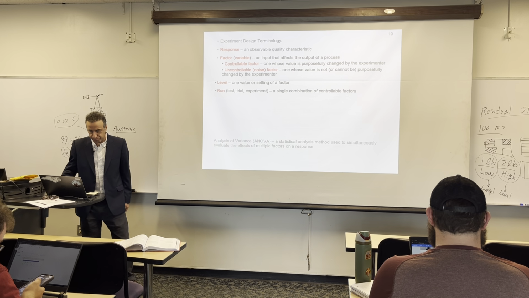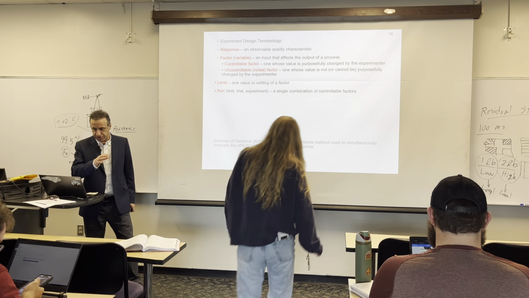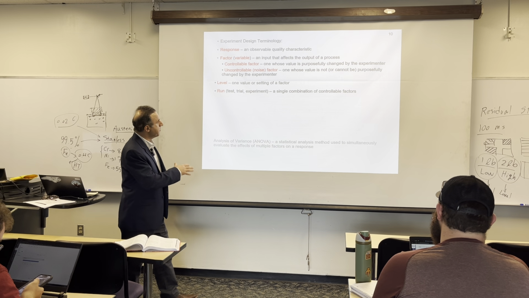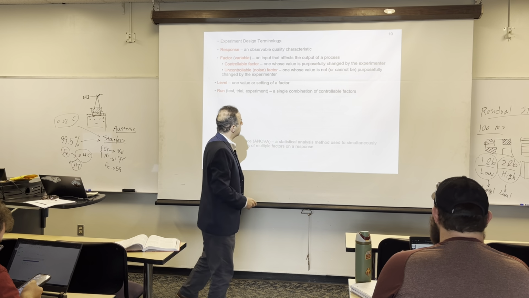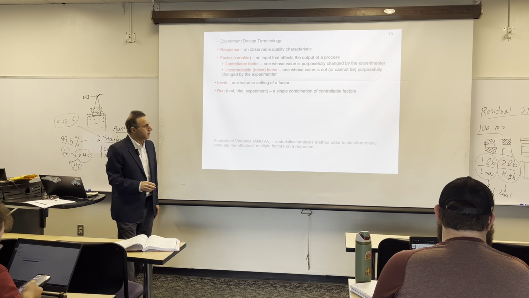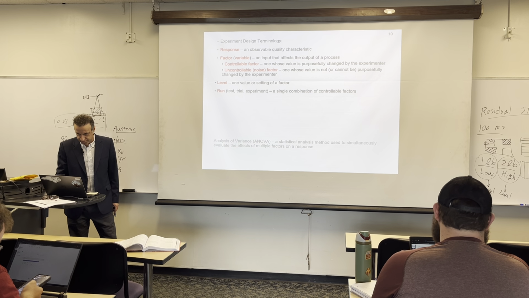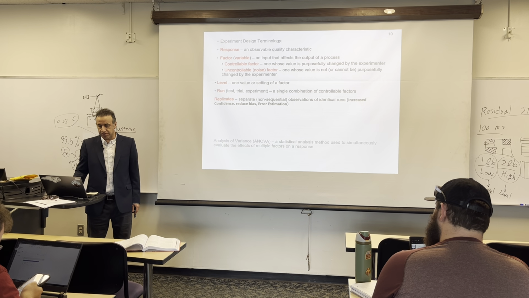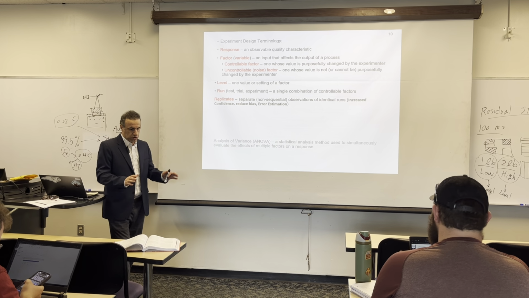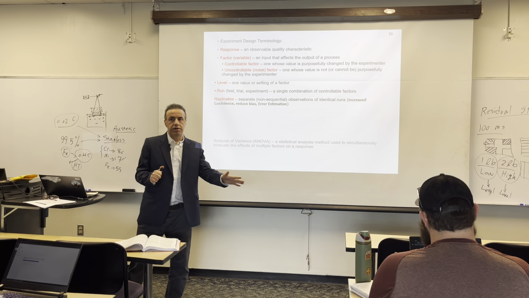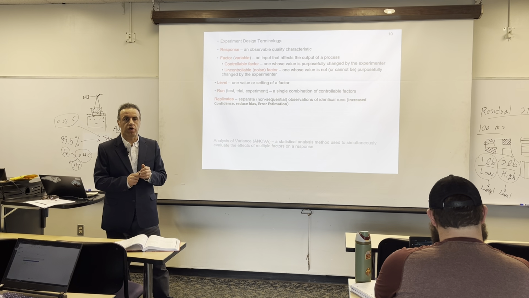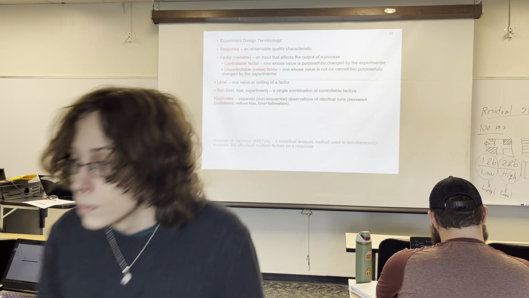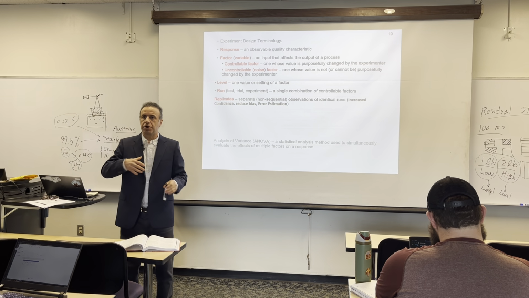Then run. After designing, you want to test it, right? You test the experiment, a single combination of all those controllable factors. Replicate: there is a difference between a replicate and a repeat. Sometimes you want to make sure those noise, those uncontrollable factors, are removed from the process, so we rerun the test.